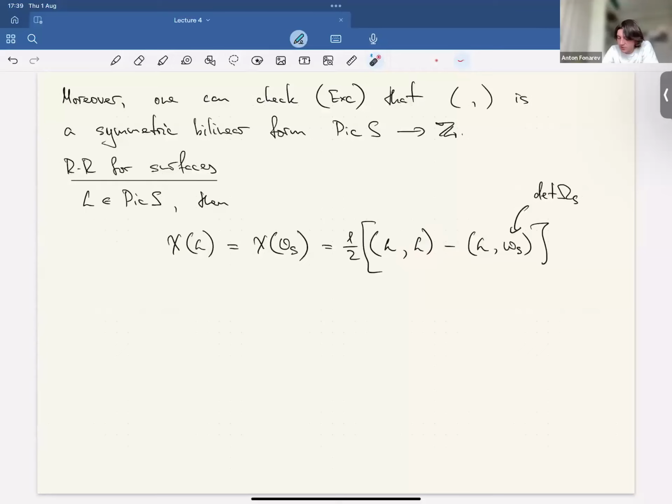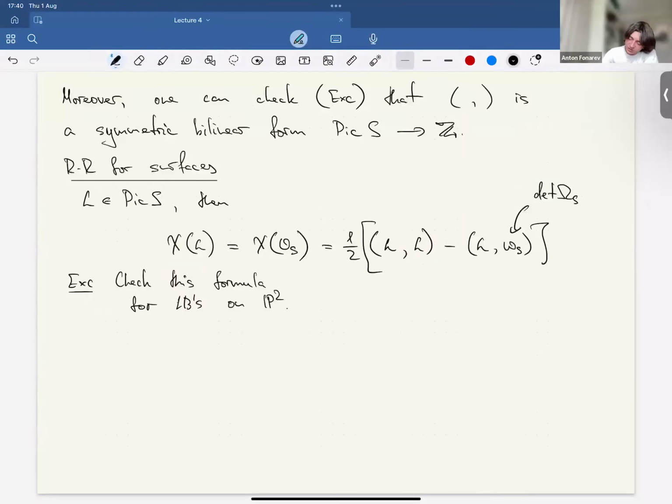So a very good exercise is to literally check this for line bundles on P2. Exercise, check this formula for line bundles on P2.